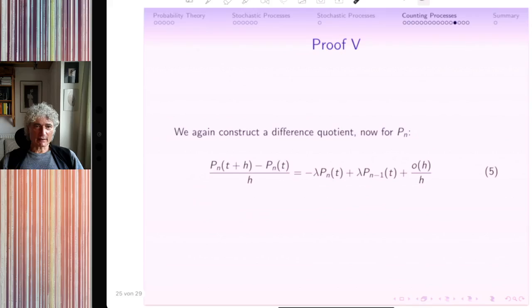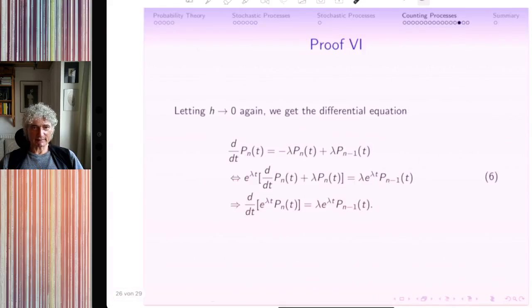Then we construct the difference quotient in this way. We use the axioms. We can use all axioms in the definition capital B of the Poisson process, and this gives us a differential equation for P_n of t.